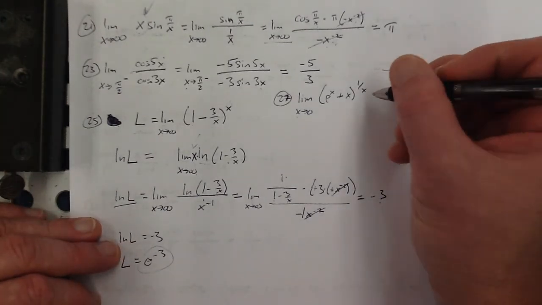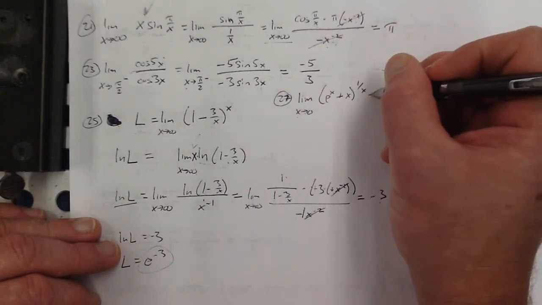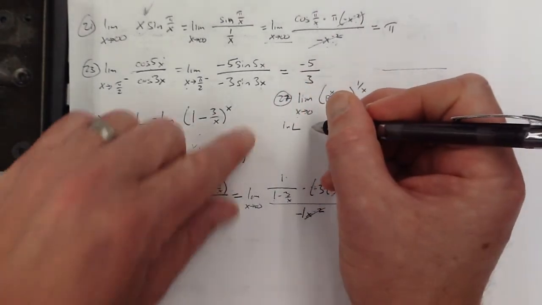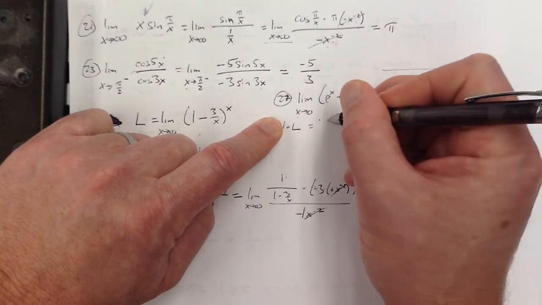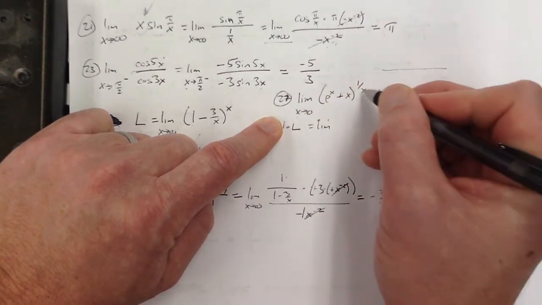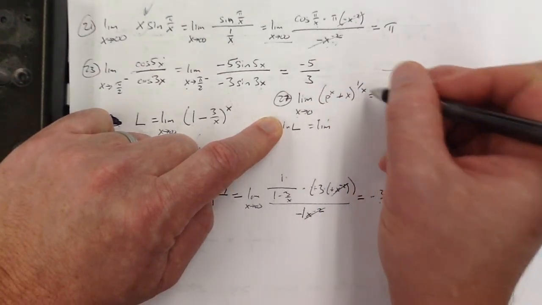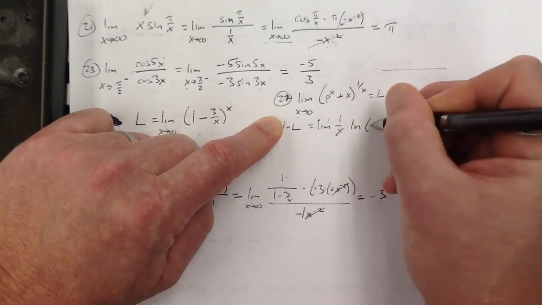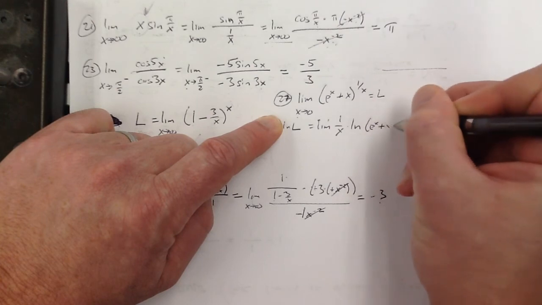Let's see what we can do. Let's let that equal L. So the natural log of L is equal to the limit, and I'm going to do the natural log thing, which is going to bring this down, 1 over x times natural log of e to the x plus x.